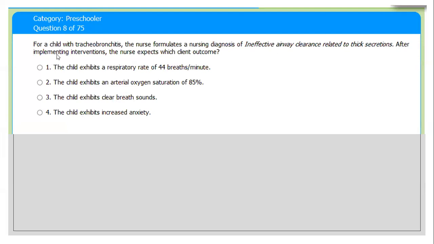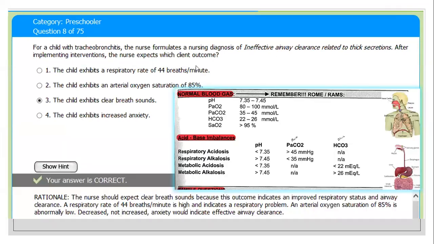So after implementing interventions, what client outcome does the nurse expect? The answer is the child exhibits clear breath sounds. The nurse should expect clear breath sounds because this outcome indicates improved respiratory status and airway clearance.